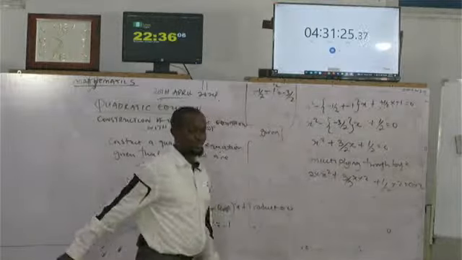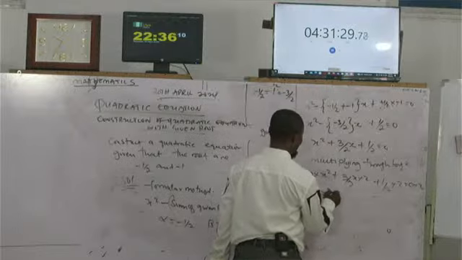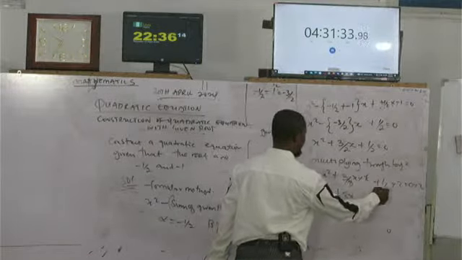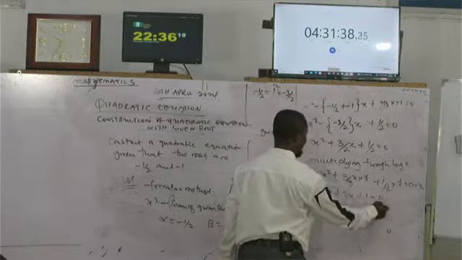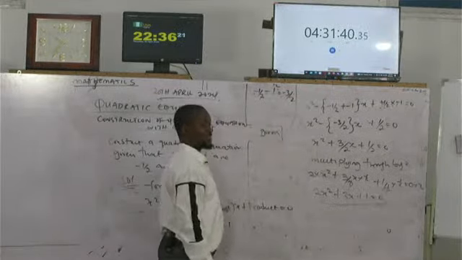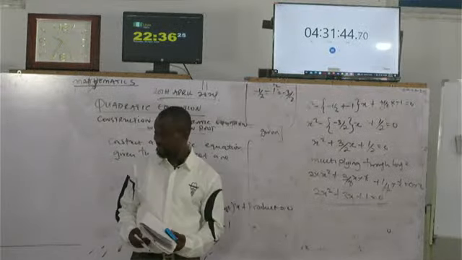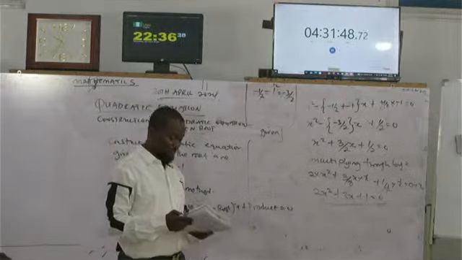Multiply all by 2. So this will now be 2x squared plus 3x plus 1 equals 0. That is the answer. So we'll be able to use that.